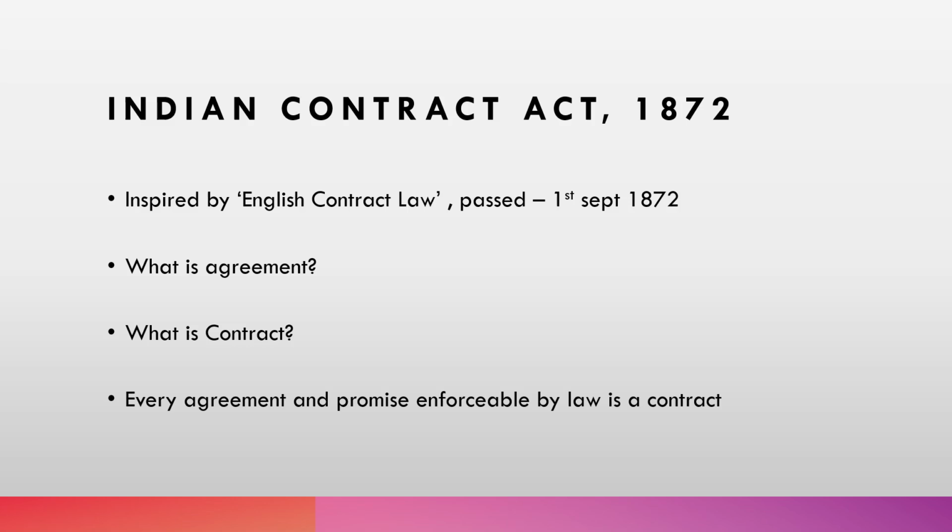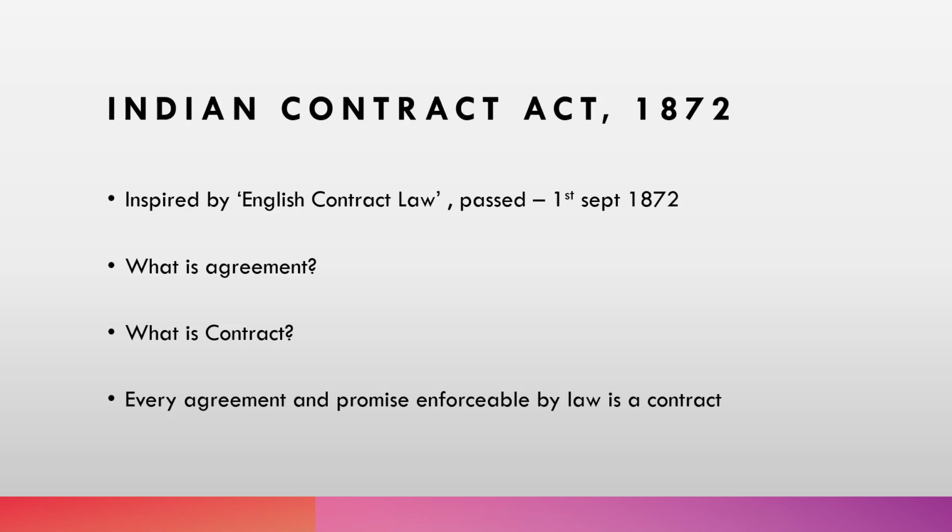Maybe it is shown in the words, it is shown in the conduct, etc. That means there is one person offering something to the other person, and at the same time the other person accepts that deal. For example, what is agreement?